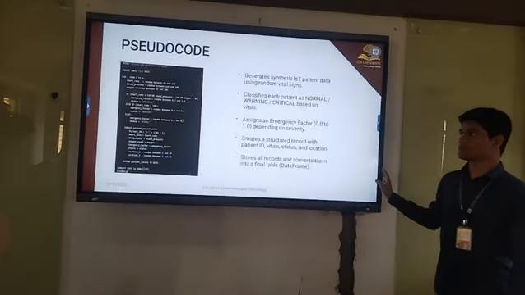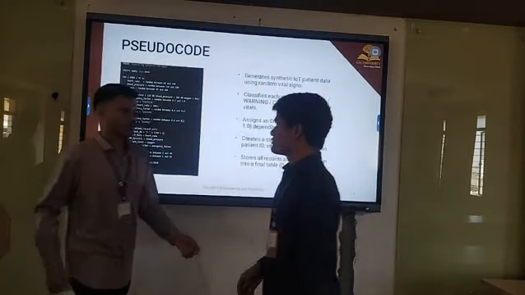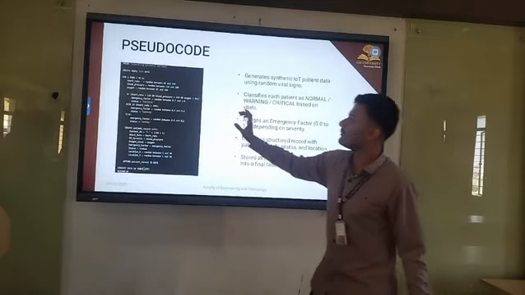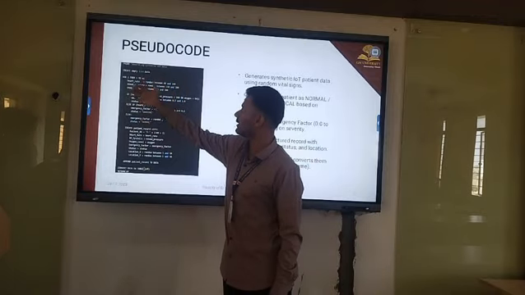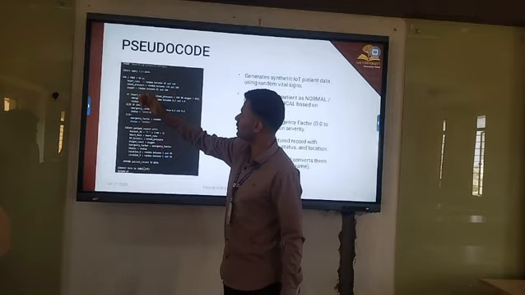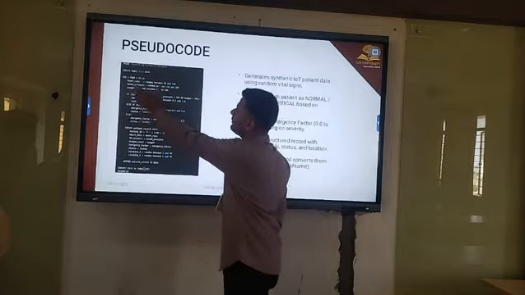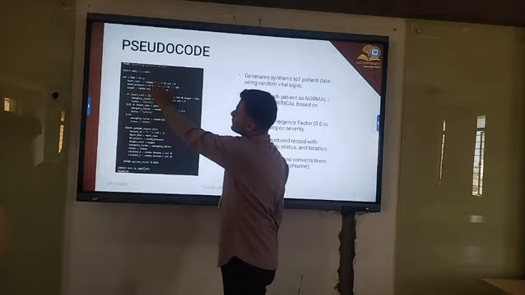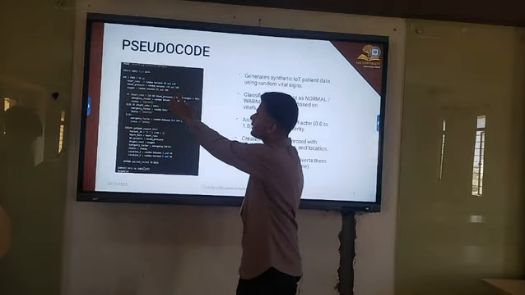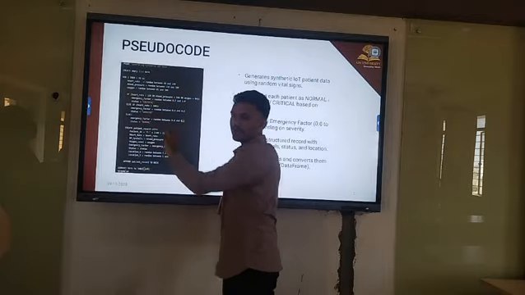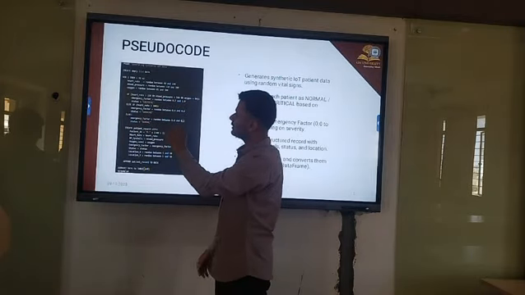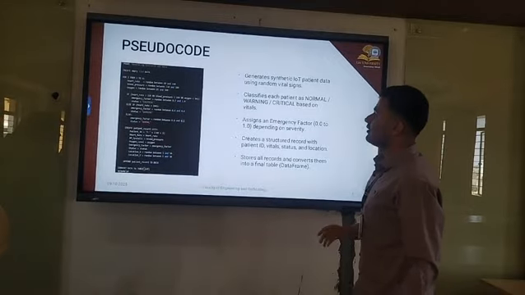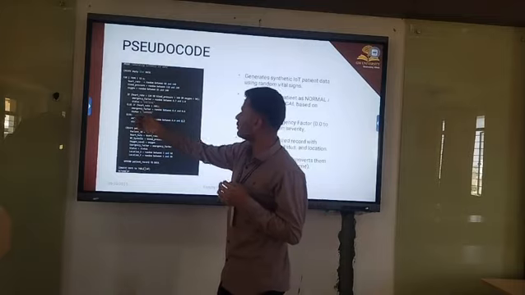Next, coming to the pseudo code, here is a simple pseudo code which we have created. We are representing i from 1 to n. If the heart rate is between 60 and 140, the if statement will work. If it does not, we go to the else if.